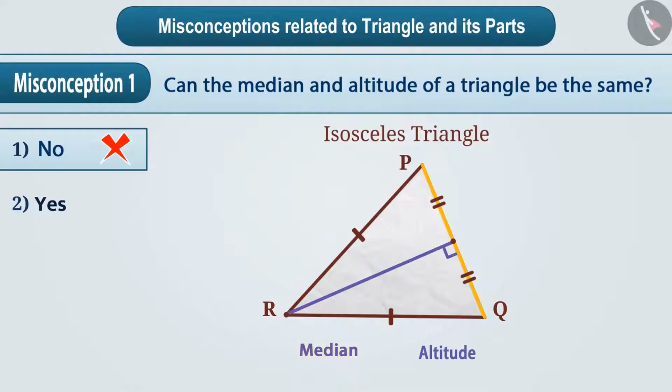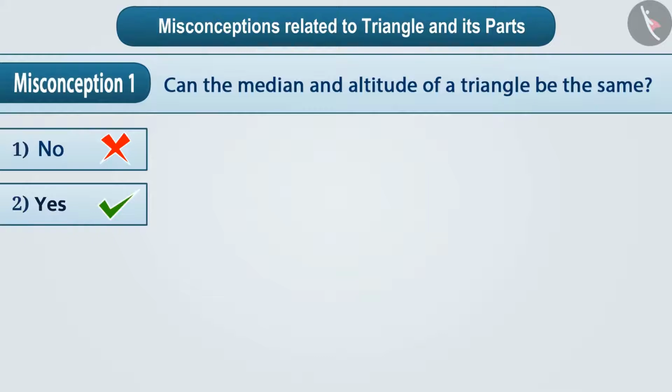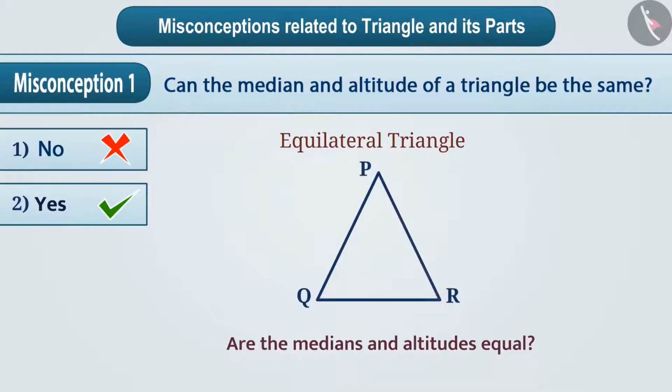Thus, we can say that in a triangle, the median and the altitude can be equal. So, option 2 is the correct answer. Similarly, you draw an equilateral triangle and find whether the median and altitude in it are equal or not.